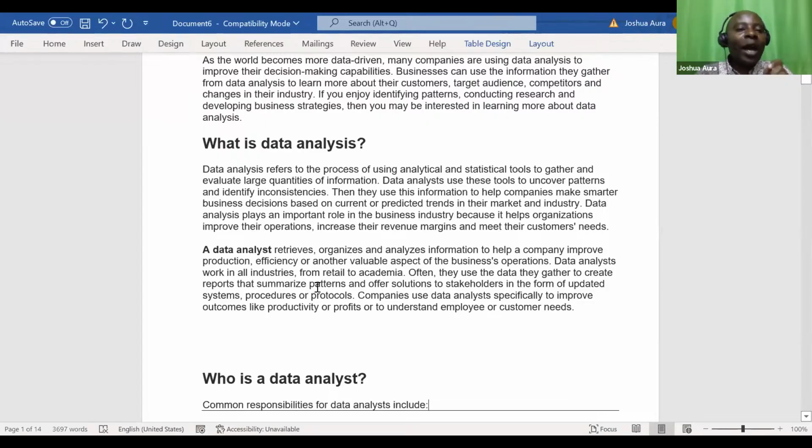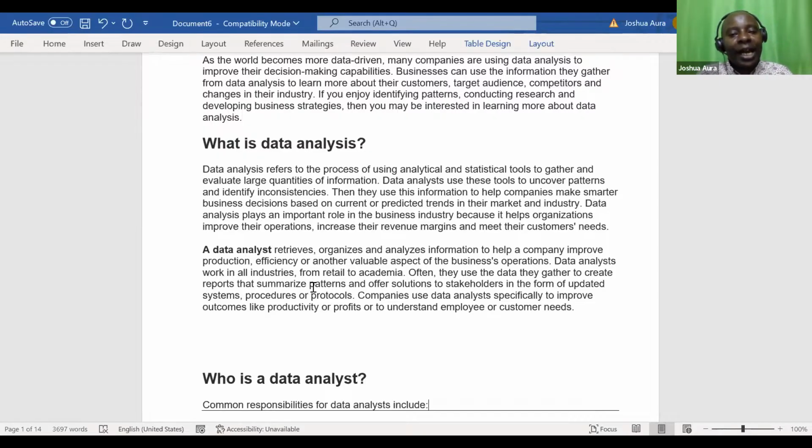Data analysts work in all industries from retail to academia.